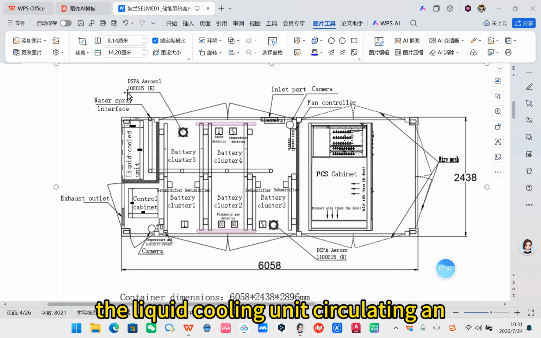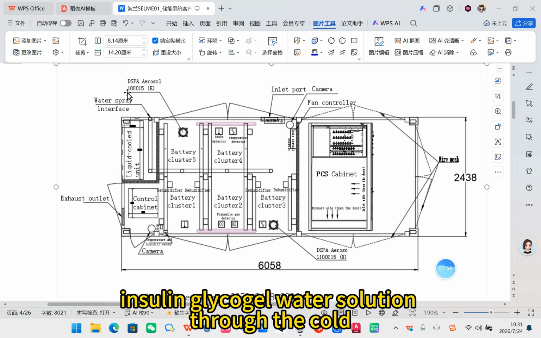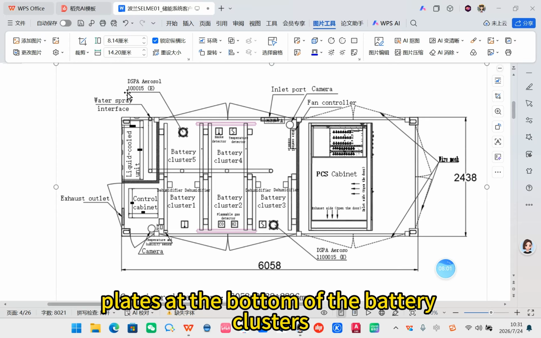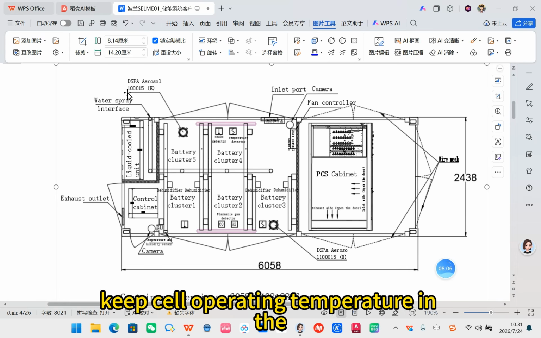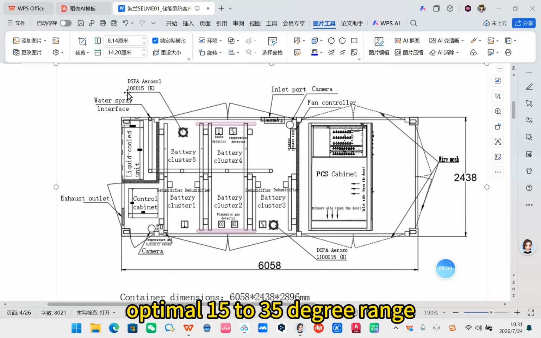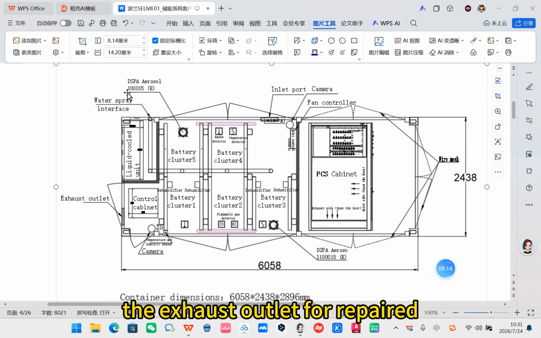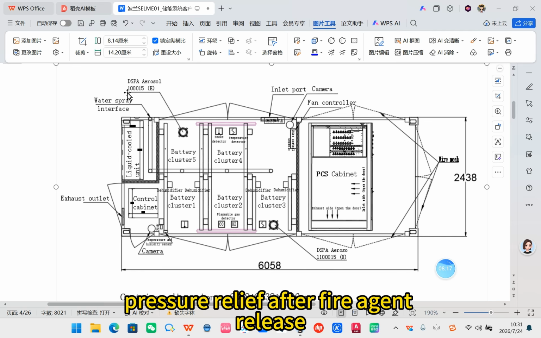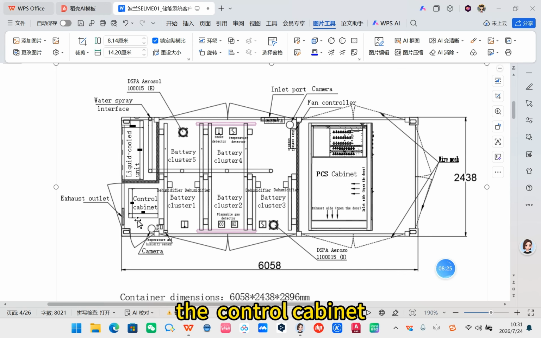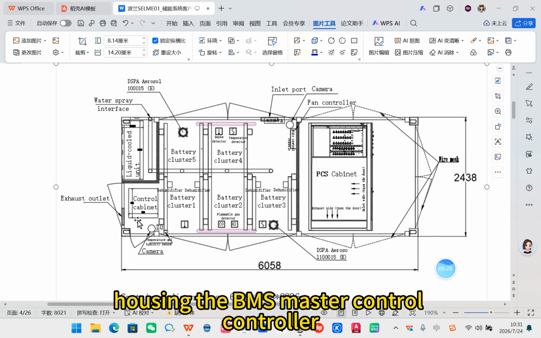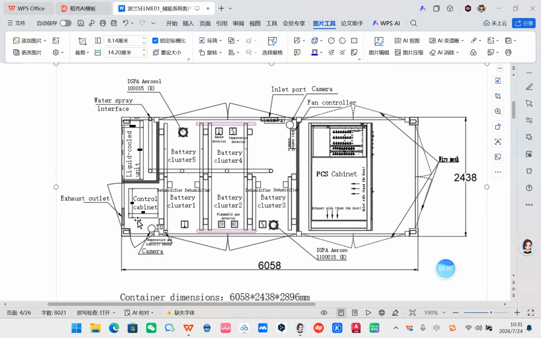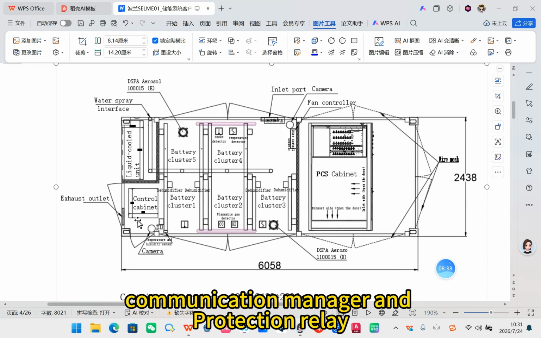The liquid cooling unit circulates an ethylene glycol water solution through the cold plates at the bottom of the battery clusters, keeping cell operating temperature in the optimal 15 to 35 degree range. The exhaust outlet for pressure relief after fire agent release, and at the bottom, the control cabinet, housing the BMS master controller, communication manager, and the protection relay.